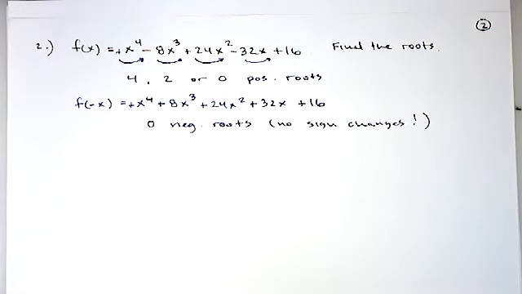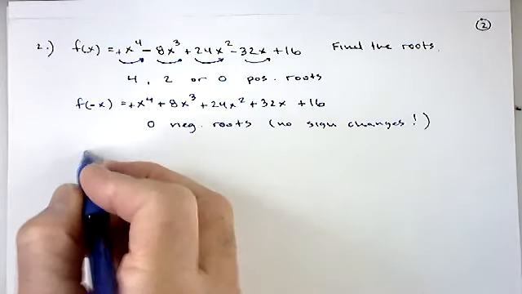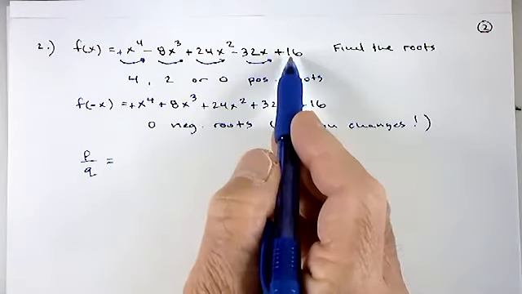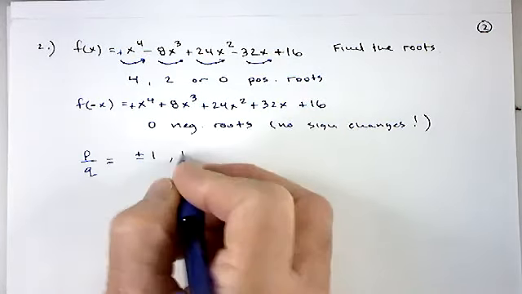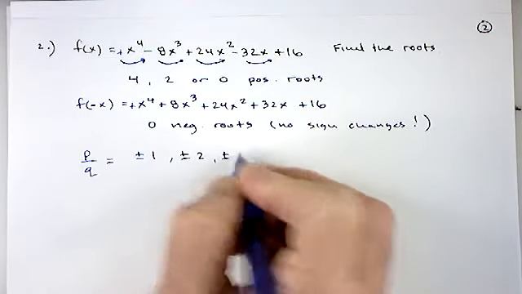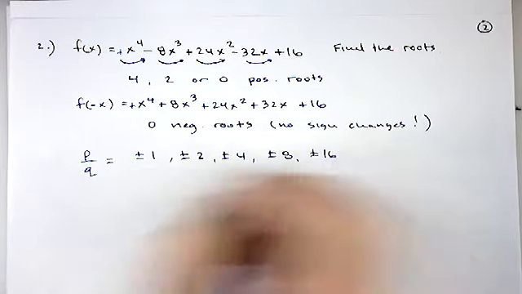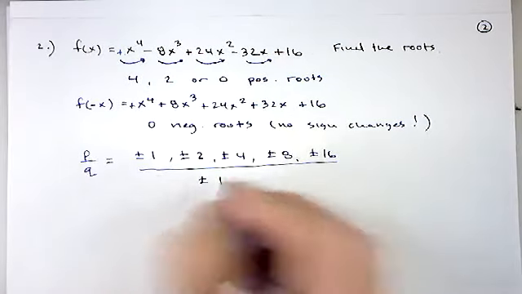Now that's useful then, because if I'm going to start to tackle trying to find these roots with my P over Q, which normally, rational root theorem, we'd take all of the factors of positive 16: plus or minus 1, plus or minus 2, plus or minus 4, plus or minus 8, plus or minus 16, and divide by all of the factors of 1, which are plus or minus 1.